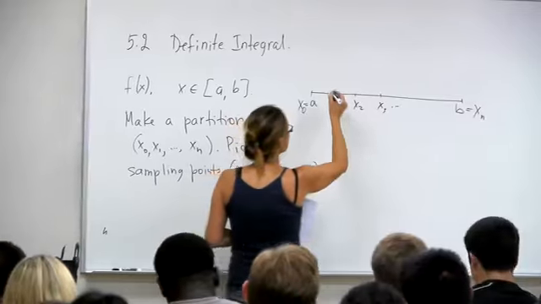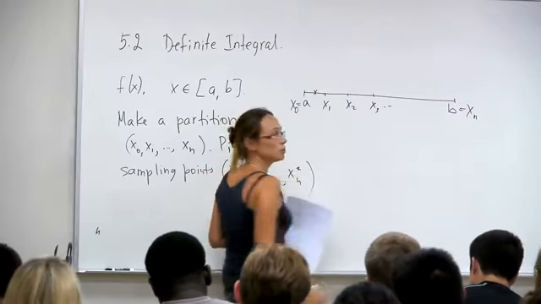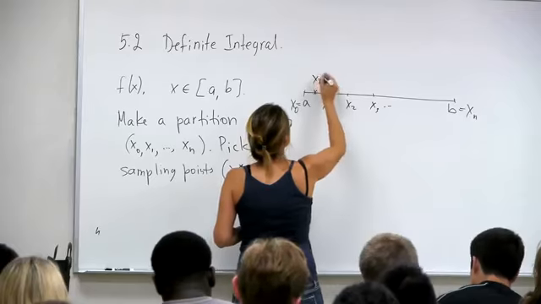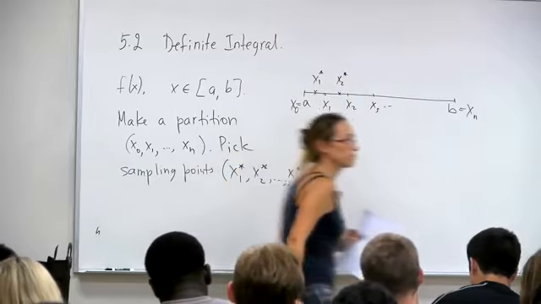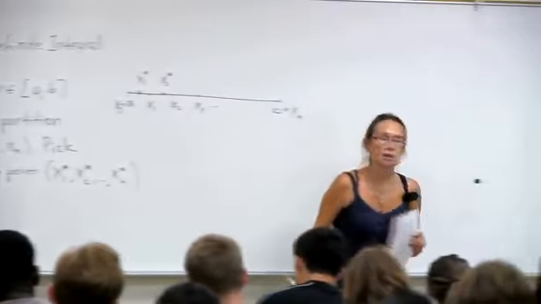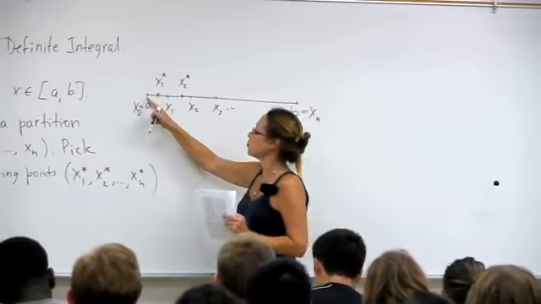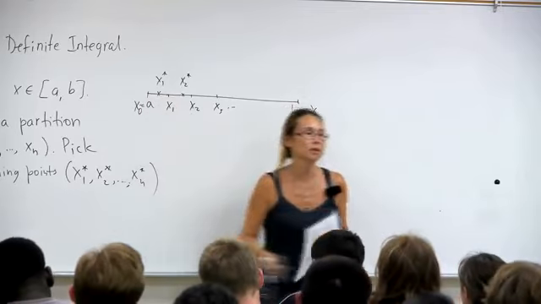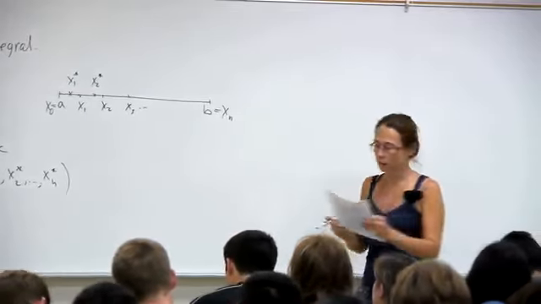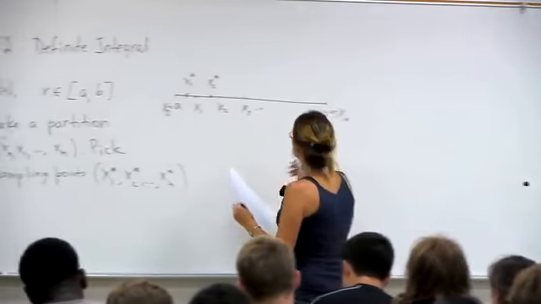Basically, inside each subinterval, we pick a point. Remember, these points could be either the leftmost point of the subinterval, the rightmost point of the subinterval, or somewhere in between.